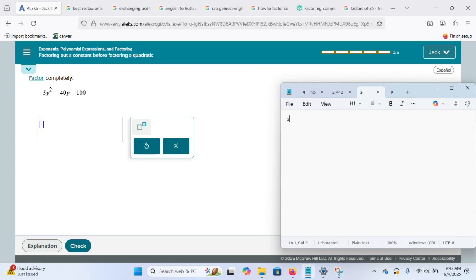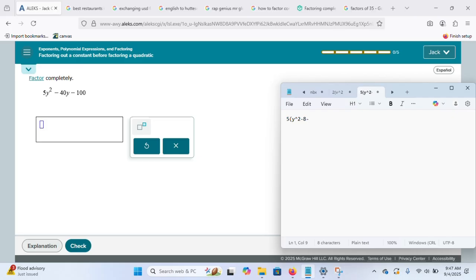So 5 is the common factor here, right? So we get 5. Right, okay. So then we get minus 8 because 40 is divisible by 5.